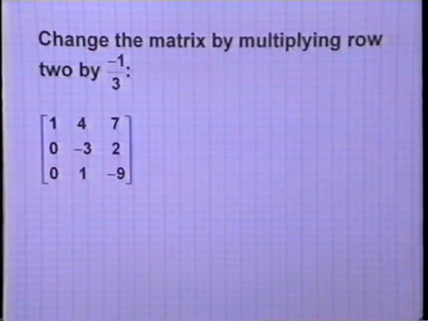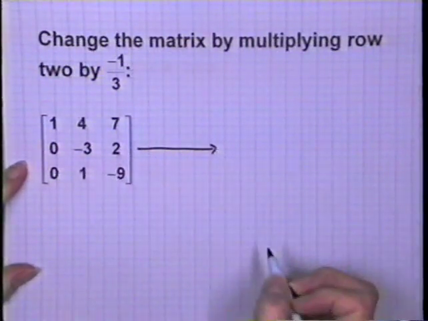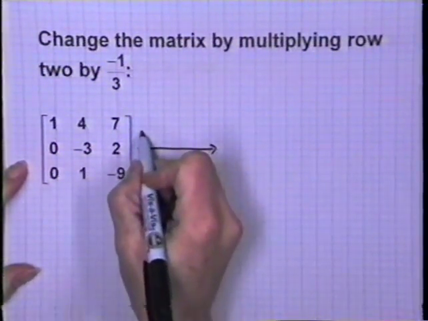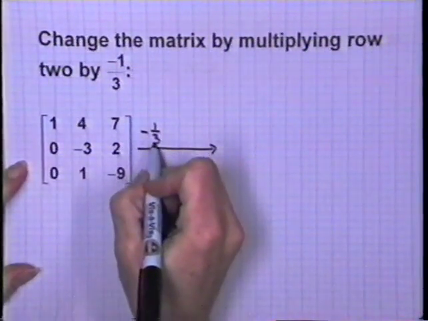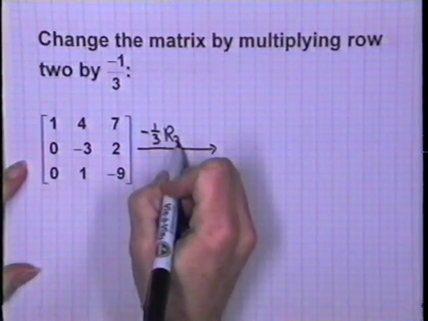This one says to change the matrix by multiplying row 2 by negative 1/3. Okay, so we're going to draw an arrow, which says we're going to change the matrix. I'm going to say negative 1/3 times row number 2. That's what I'm going to do.